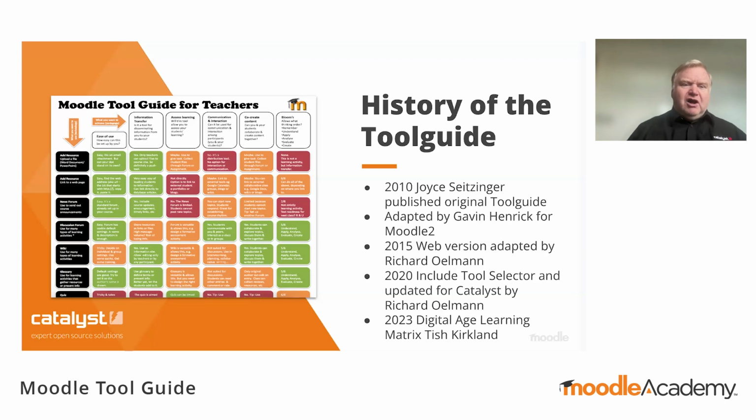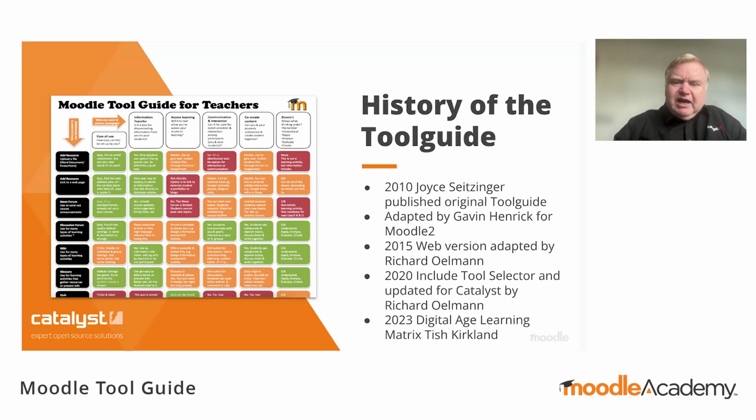But on the first column as well, the one I skipped over, Joyce identified how easy or difficult those tools are to get set up. And then the color coding on there gives some indication, because it still does on the newer versions, of how suitable that tool is for those different elements of pedagogy. I'll go into a little more of that when I'm showing mine on screen, because I can blow it up a little more.